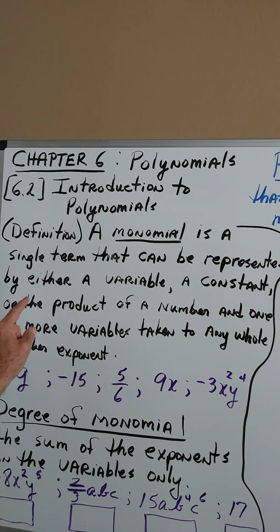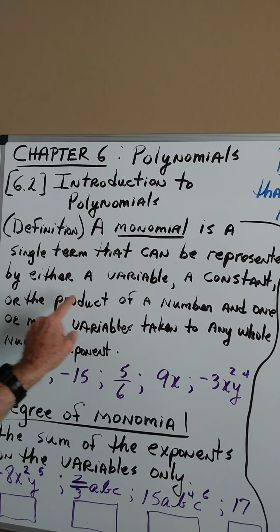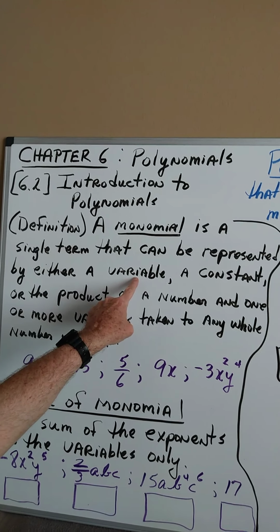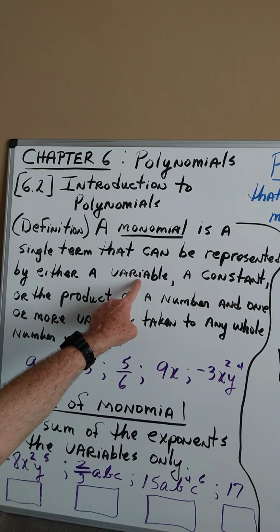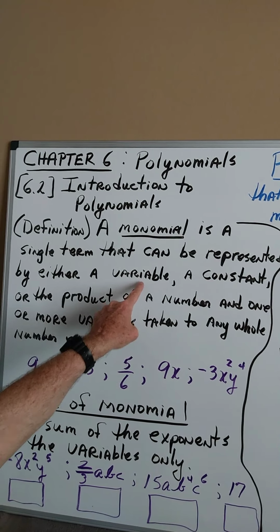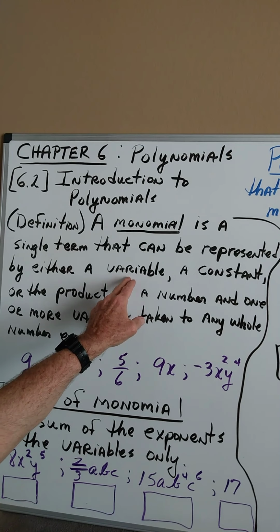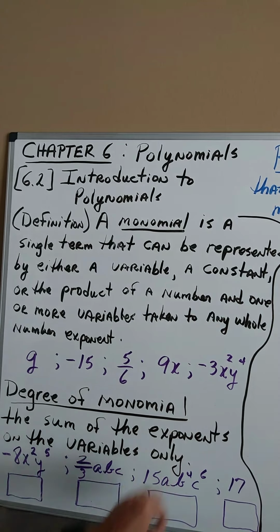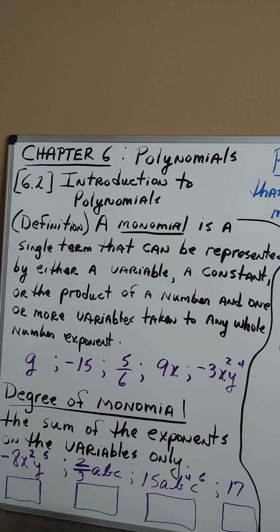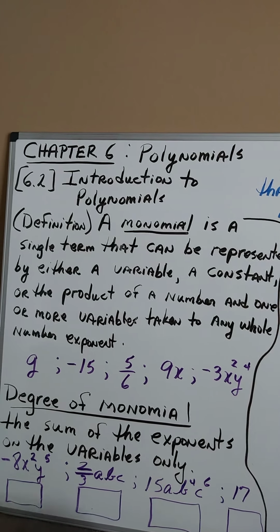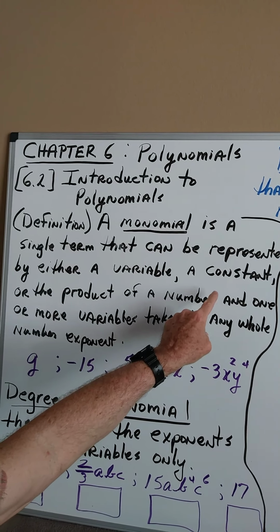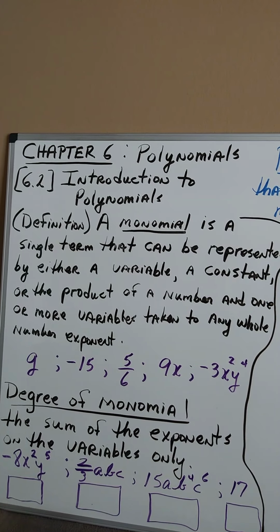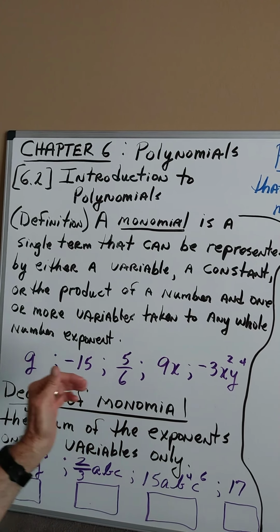It is a single term that can be represented by either a variable, so any letter of the alphabet, any variable would be considered a monomial, or any constant. We know that a constant is a real number, so any non-zero constant would also be classified as a monomial.